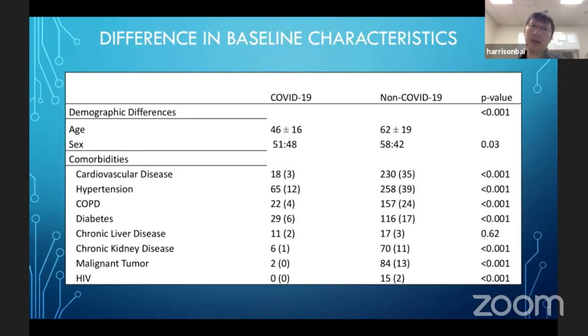And also I mentioned the differences in baseline characteristics between the COVID-19 and the non-COVID-19 pneumonia cohort, which could have introduced a bias in our algorithm, because the non-COVID-19 cohort is much older and also has more comorbidities, and likely that can be reflected on the CT scan as well.